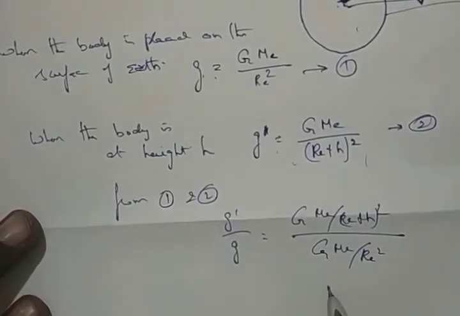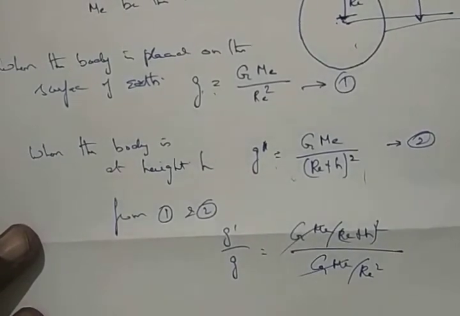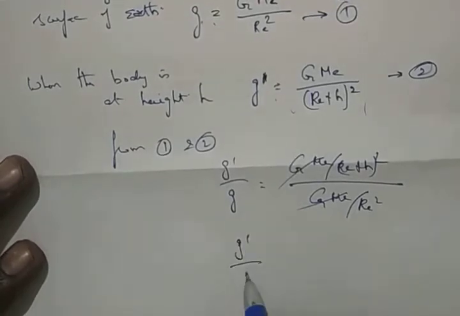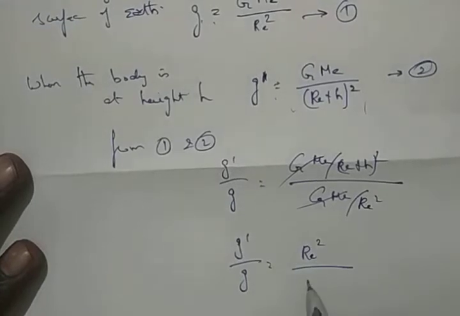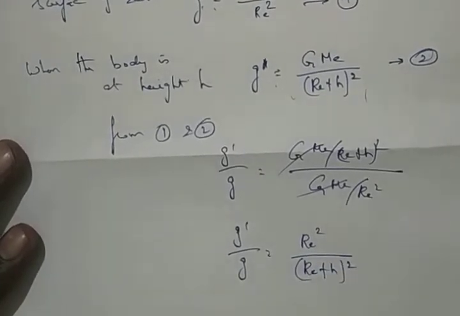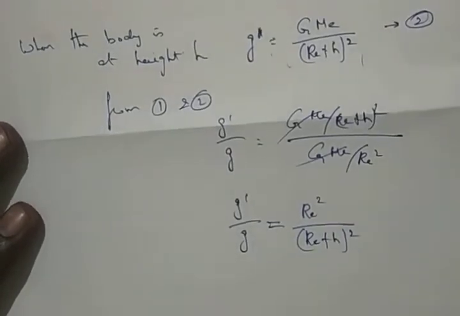So that's the way you get it here. Now these two get cancelled out. It immediately goes away. So G dash upon G is going to be equal to RE square upon RE plus height the whole square. So that is the value you get here.